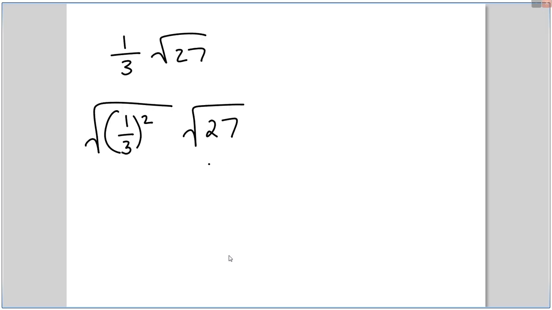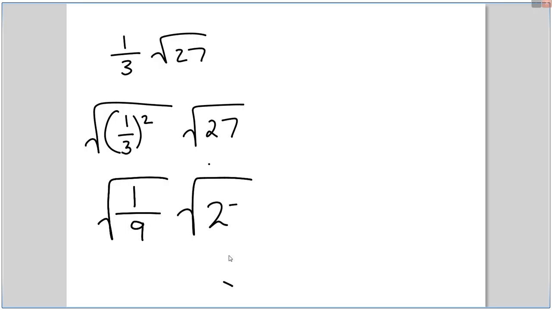Don't be scared of a fraction. Who's on the top bunk? 1. What's 1 squared? 1. Don't be scared. Who's in the bottom bunk? 3. What's 3 squared? 9. Okay. Now how do we smush these together?